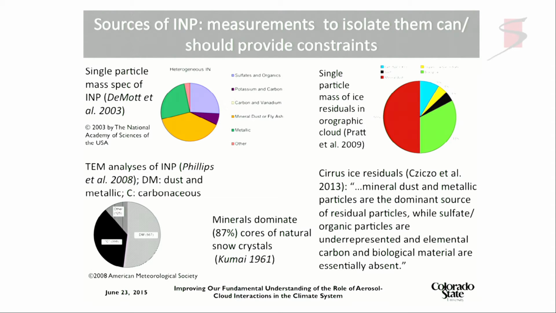Instead of talking about the parts of this that might be discrepant, I'm going to focus on the parts that are common. The one common element is the role of mineral dusts, whether it's just them alone or the things that come with them. And fully 50% or more in all of these cases are things like mineral dusts, metal oxides, and so forth.